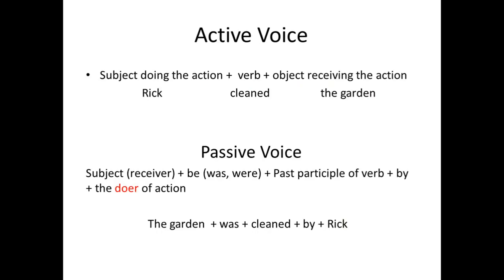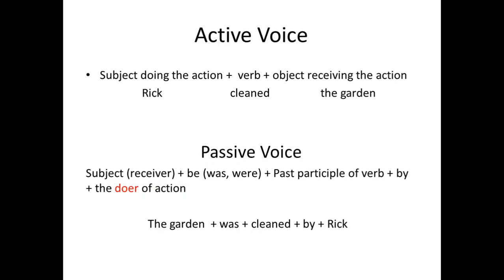Look at this. This is the formula of active voice, and here we also have the formula for passive voice. First, let's talk about the formula of the active voice. As we said, the subject is doing an action, the doer of the action, and it is always someone.